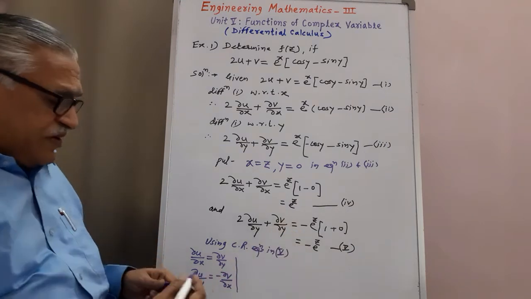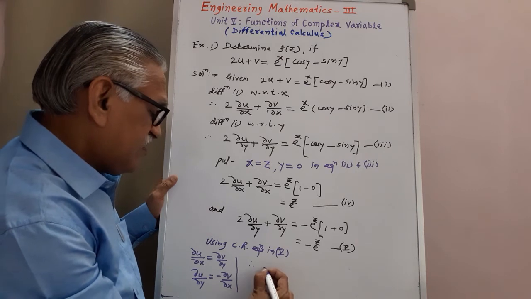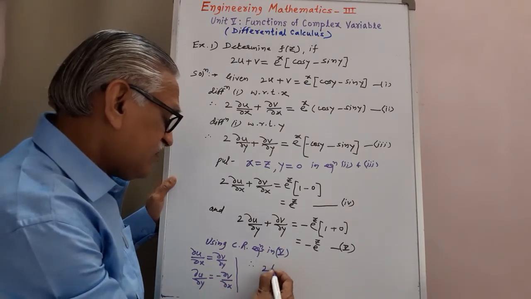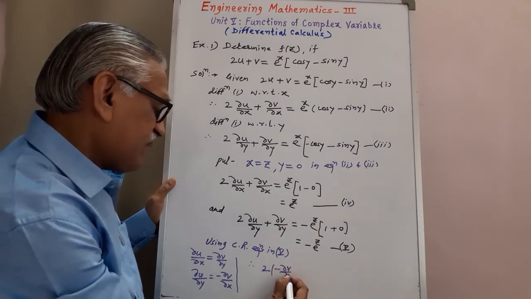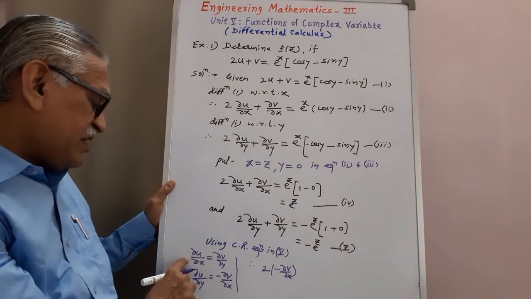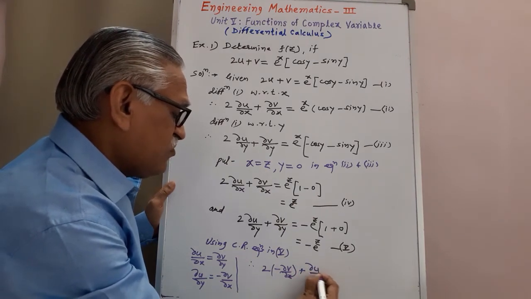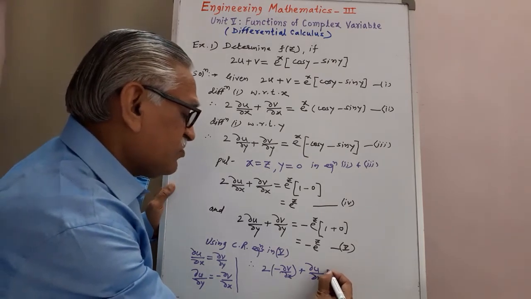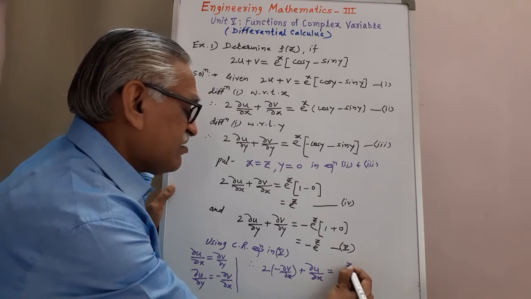In equation fifth, that equation fifth becomes 2 times dou u by dou y is replaced by minus dou v by dou x, and dou v by dou y is replaced by dou u by dou x, therefore plus dou u by dou x is equals to minus e raised to z.